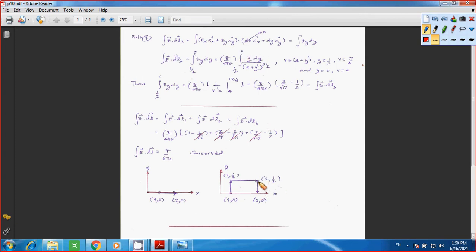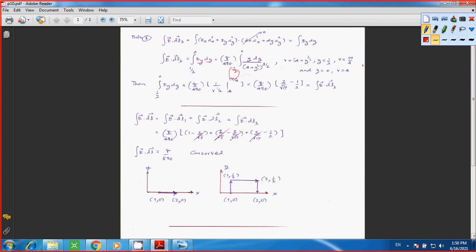Again, for path number 3, you know that your dx doesn't change, so your dx disappears. You end up with only the y component of the electric field and dy. And you do the same thing, let v equal 4 plus y squared.